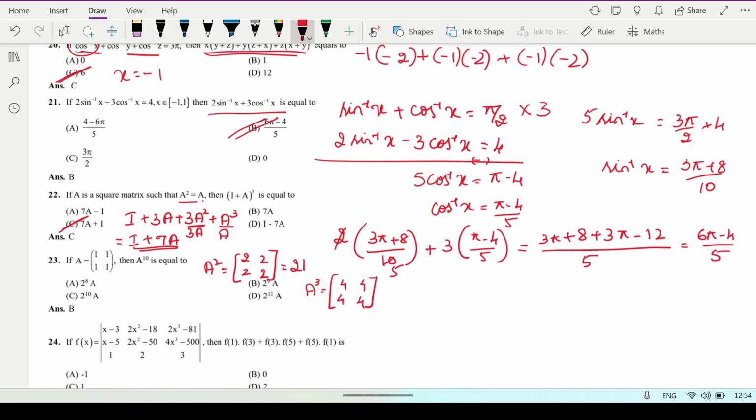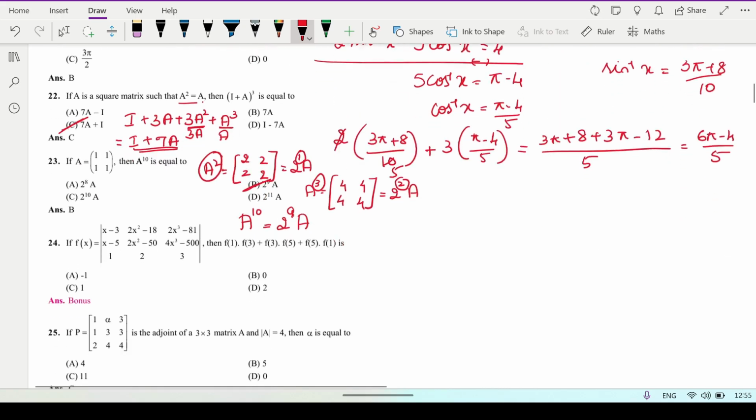This can also be written as 2 into A. Similarly, if we take 4 common here, it is 2 square into A. Here we have 2 power 1 into A, here 2 square into A. For A square, 2 power 1; A cube, 2 square. What will be for A power 10? Obviously, it will be 2 power 9 into A, 1 less than the power of A. Therefore, it is option B.